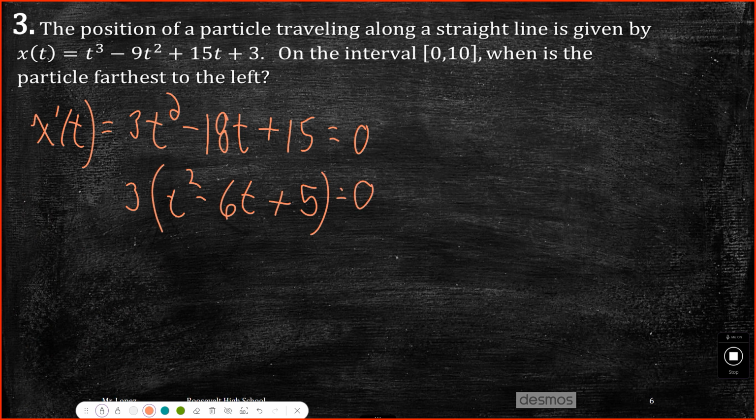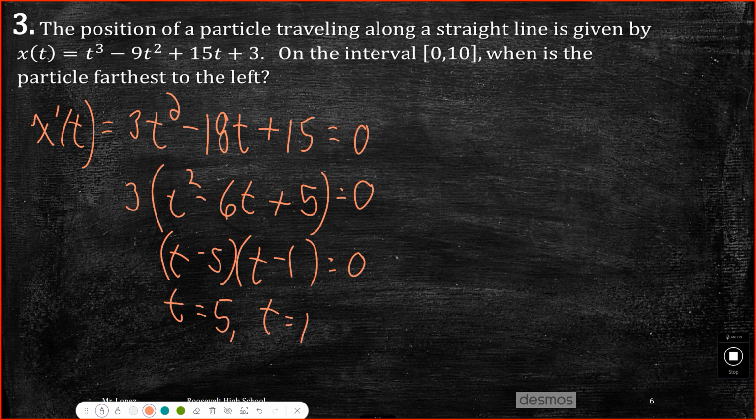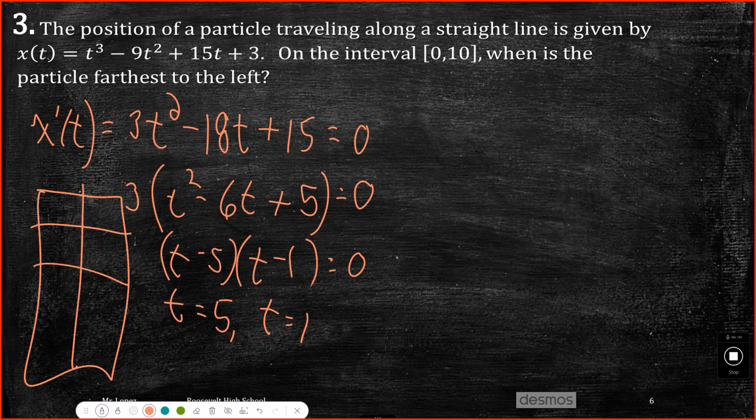And then this is going to be t minus 5 times t minus 1. So t equal to 5, t equal to 1. You still gotta test all those. So again, get a calculator and just test all those. These are all candidates: 0 and 10 and 1 and 5.